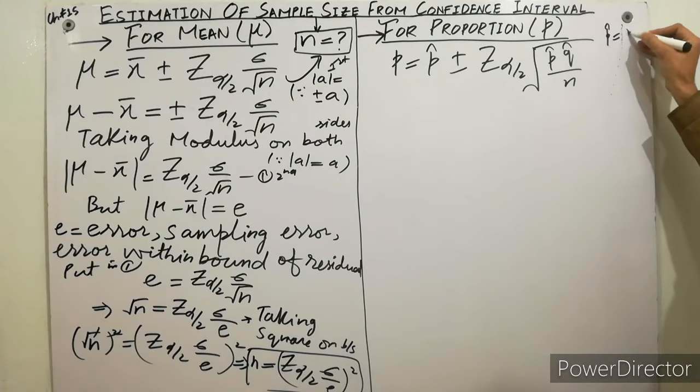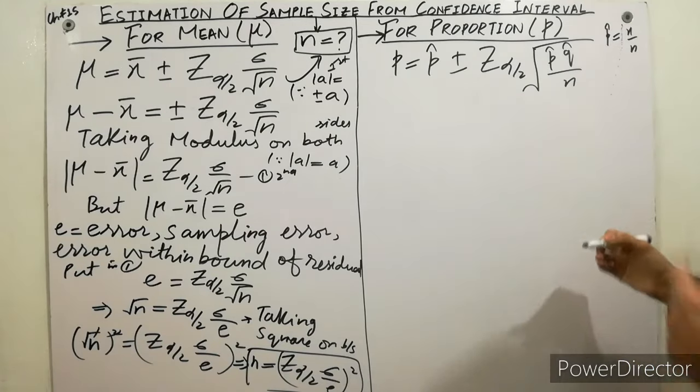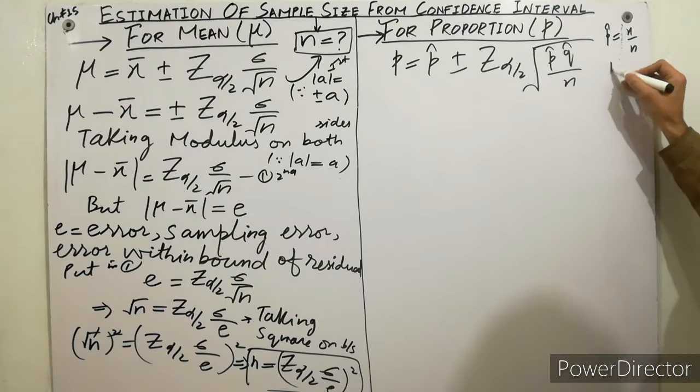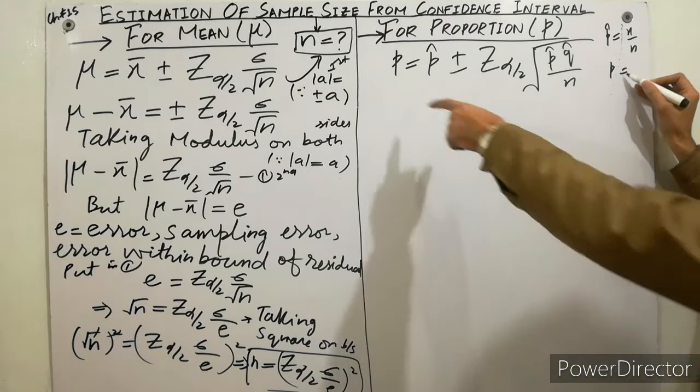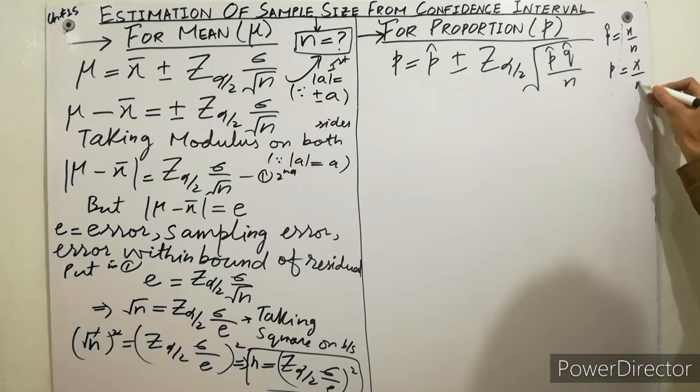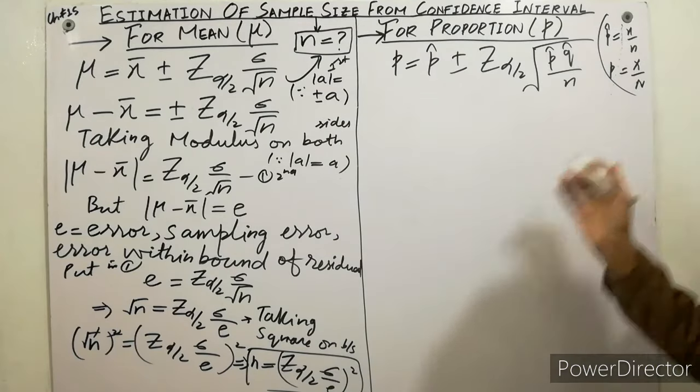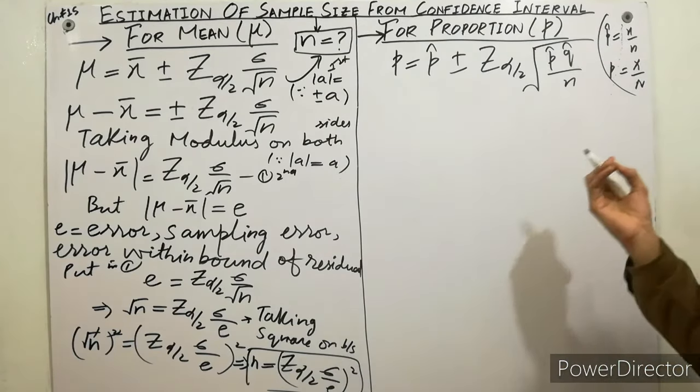P hat is equal to small x over small n, and P is equal to capital X over capital N. You must remember that point, which is very beneficial.